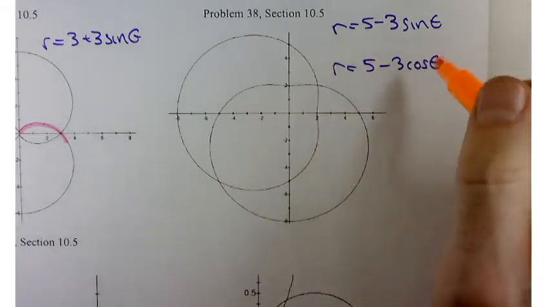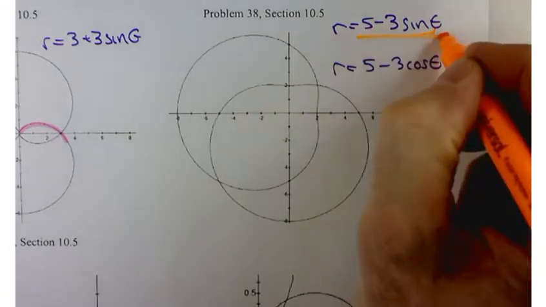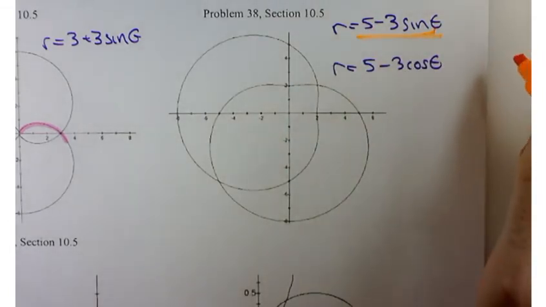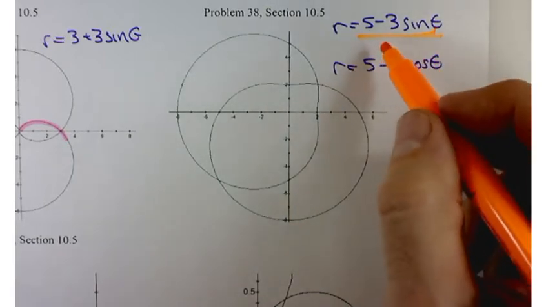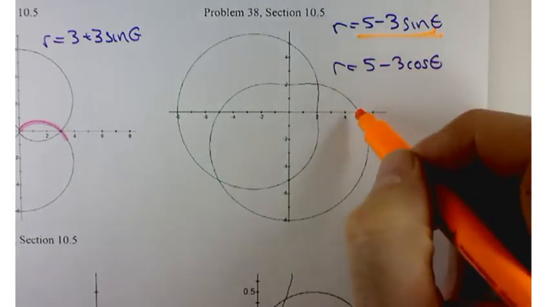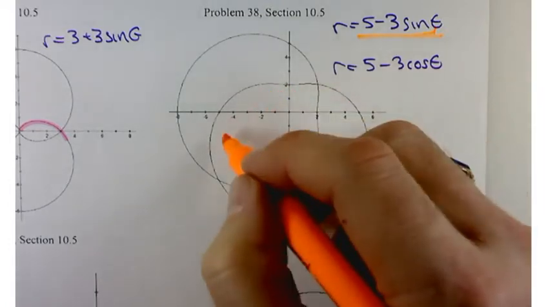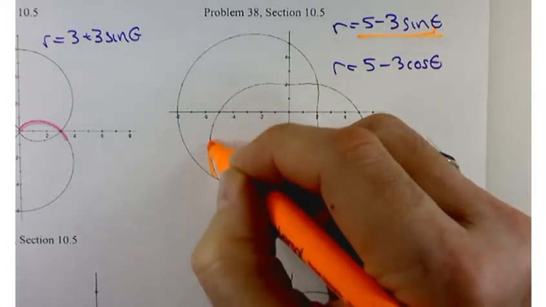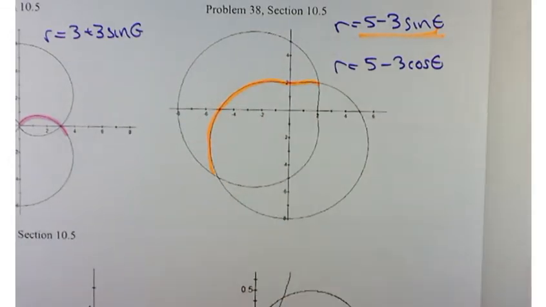Let's see, cosine, so 0. That's going to have to be this one. So that's going to be your one region, and then here's going to be your other one.